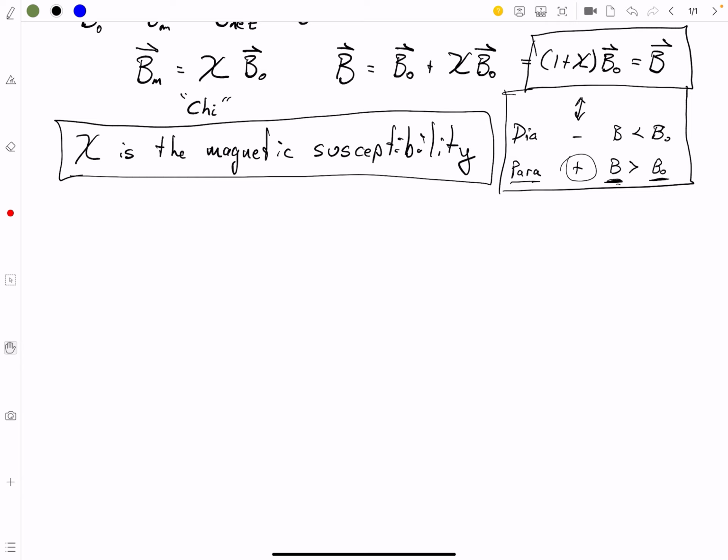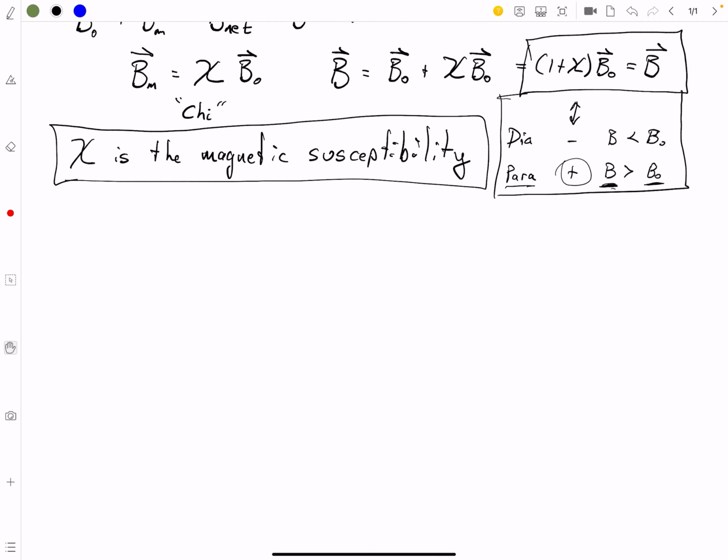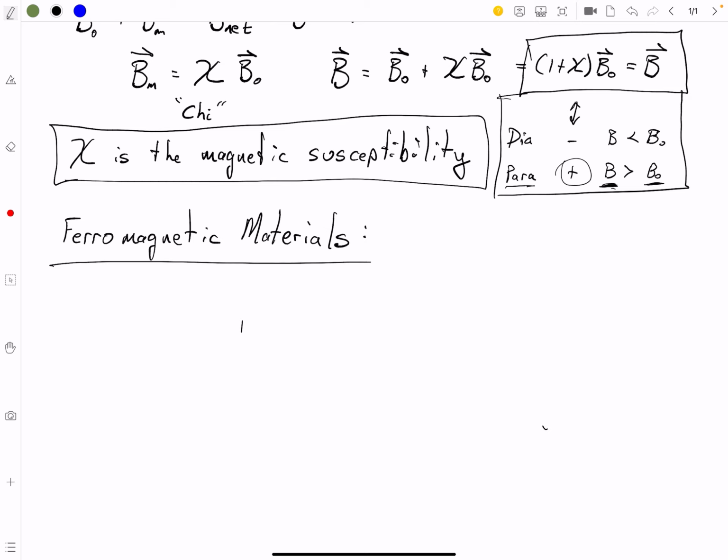So ferromagnetic materials. We're finally to the ferromagnetic. We're to the good stuff.